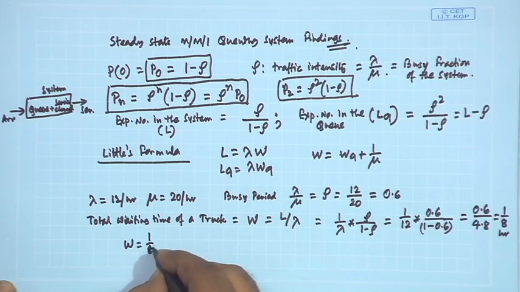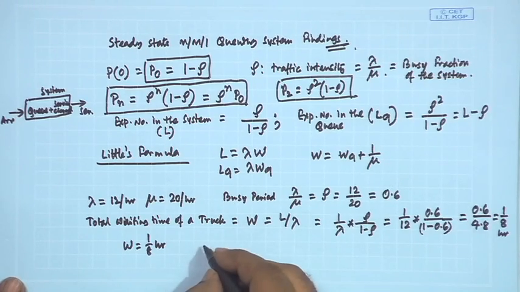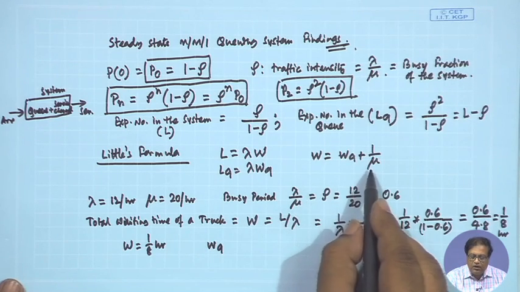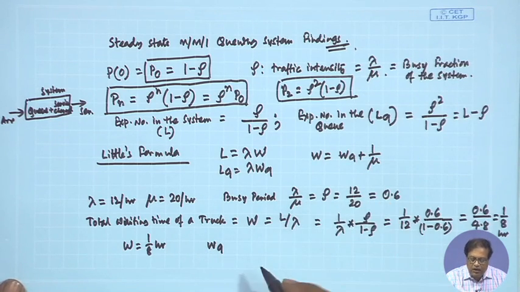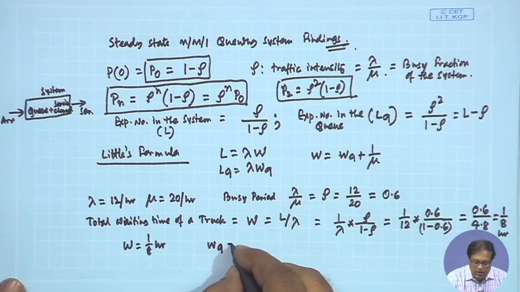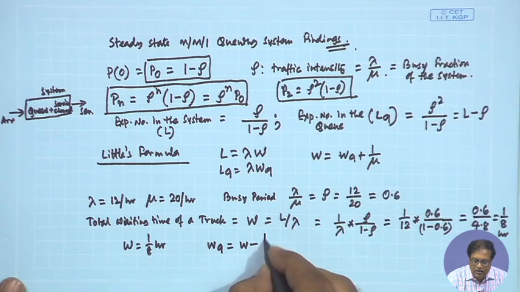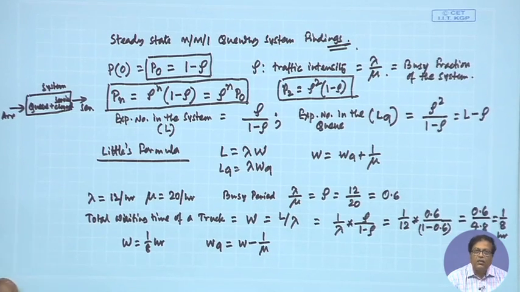Suppose now we have to find out, of this 1/8 hour, what is the time that the truck has to wait in the queue. That will be found out as Wq. Look at this formula, Wq plus 1 by mu equal to W. So, what is Wq? Waiting time in the queue, it should be W minus 1 by mu, right.